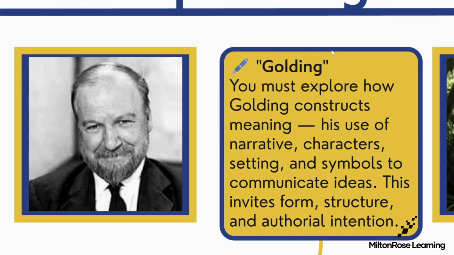I mean, the island itself is almost a character in some weird way, and symbols such as the conch to communicate Golding's ideas of human nature, such as the animus dominandi, which is the idea that we've all got hardwired into our biology a desire to dominate others. It's called animus dominandi. So it invites us to look at form, structure, and Golding's authorial intentions. And I think that's very, very important if you want to get the high marks.